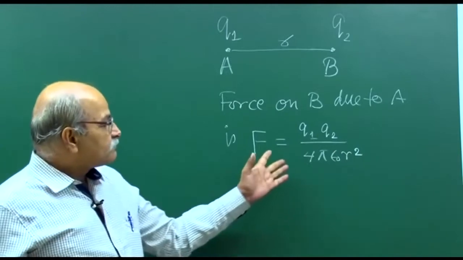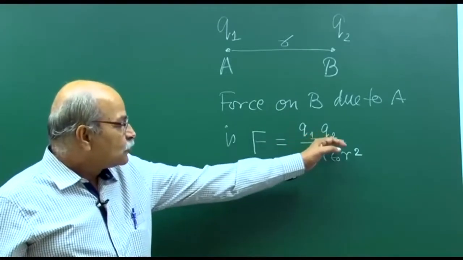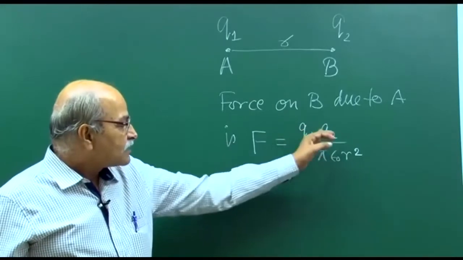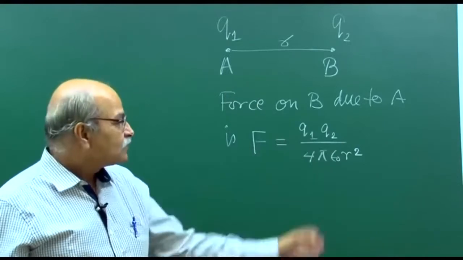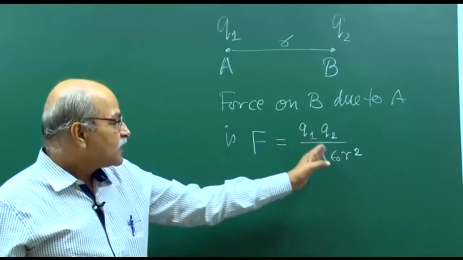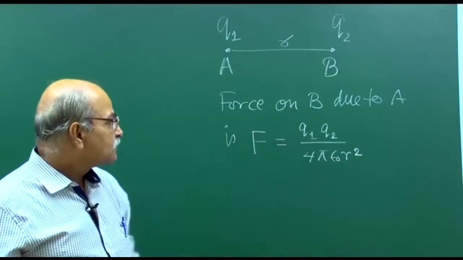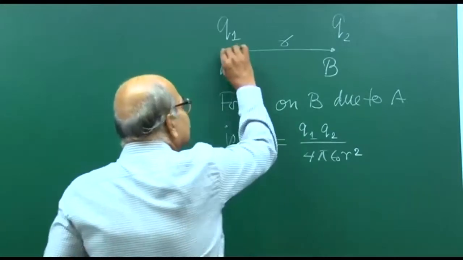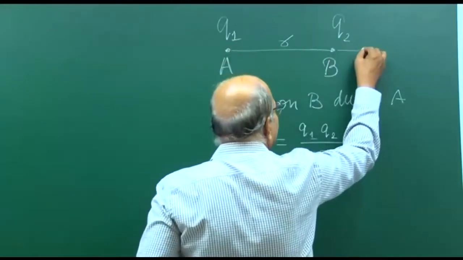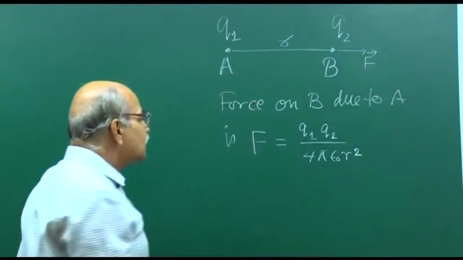And with proper direction: if the signs of Q1 and Q2 are the same, both positive charges or both negative charges, then this whole thing is positive and it gives me the magnitude of the force, and the direction of force on B will be away from A. So, this will be the direction of this force.